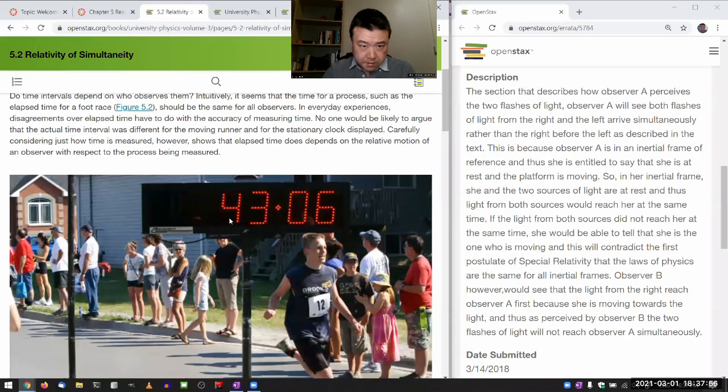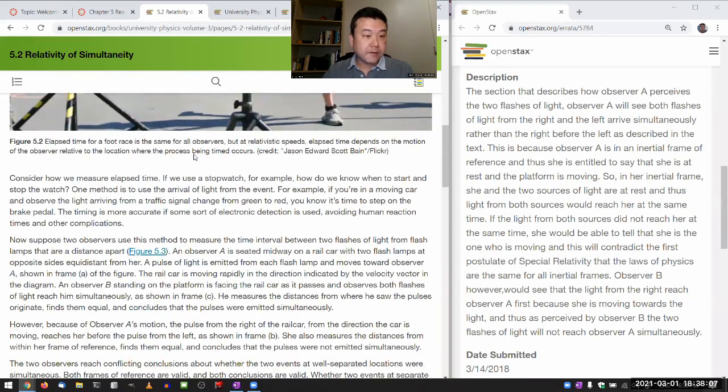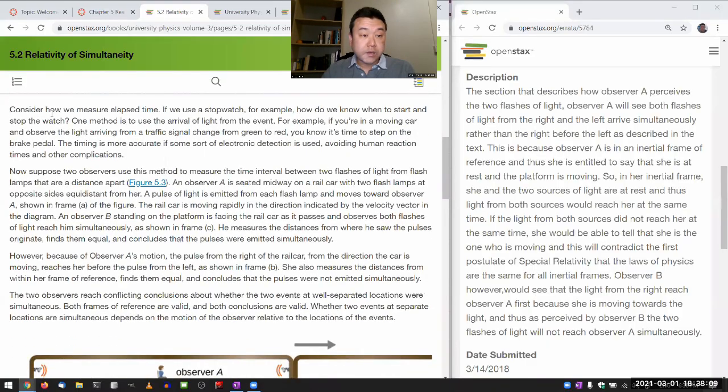And I want to make this a little bit broader. It's not about elapsed time alone. It's about simultaneity, as the section says, relativity of simultaneity. And we'll get to that. Consider how we measure elapsed time. If we use a stopwatch, for example, how do we know when to start and to stop the watch?